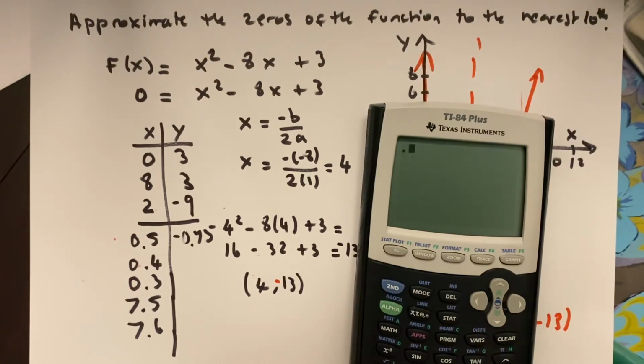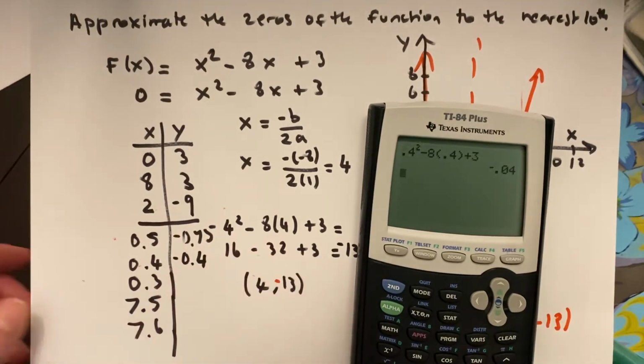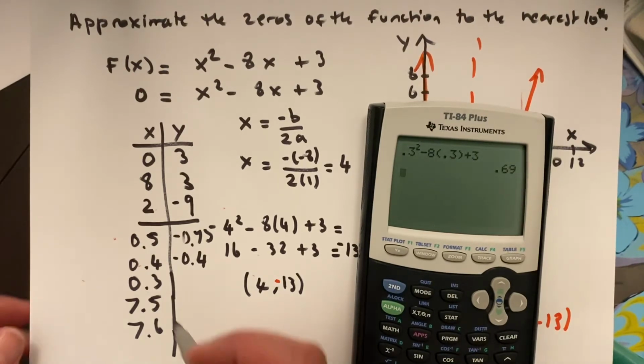Entering 0.4, 0.4 squared minus 8 times 0.4 plus 3. I am at negative 0.4. And if I then enter 0.3, because it looks like I'm getting closer and closer to 0 here, I get 0.3 squared minus 8 times 0.3 plus 3, and 0.69.